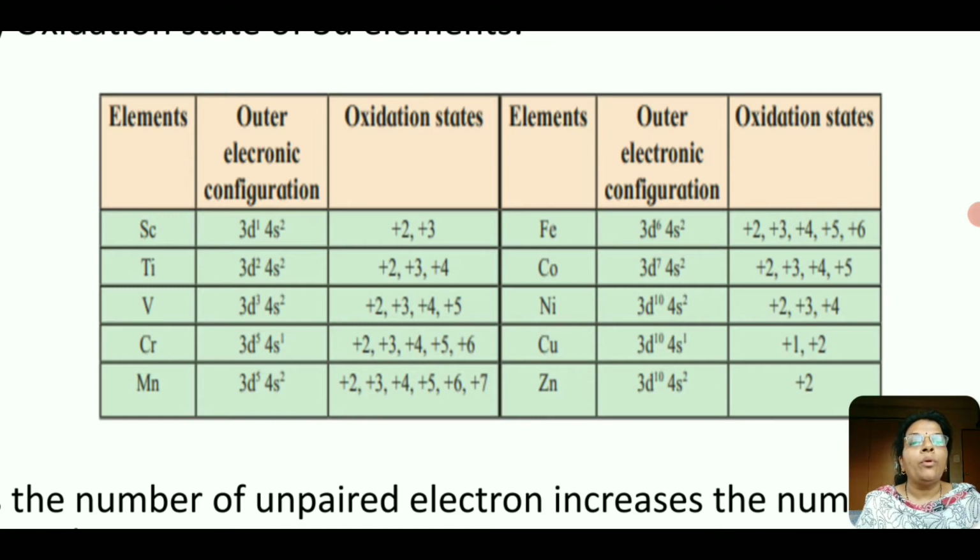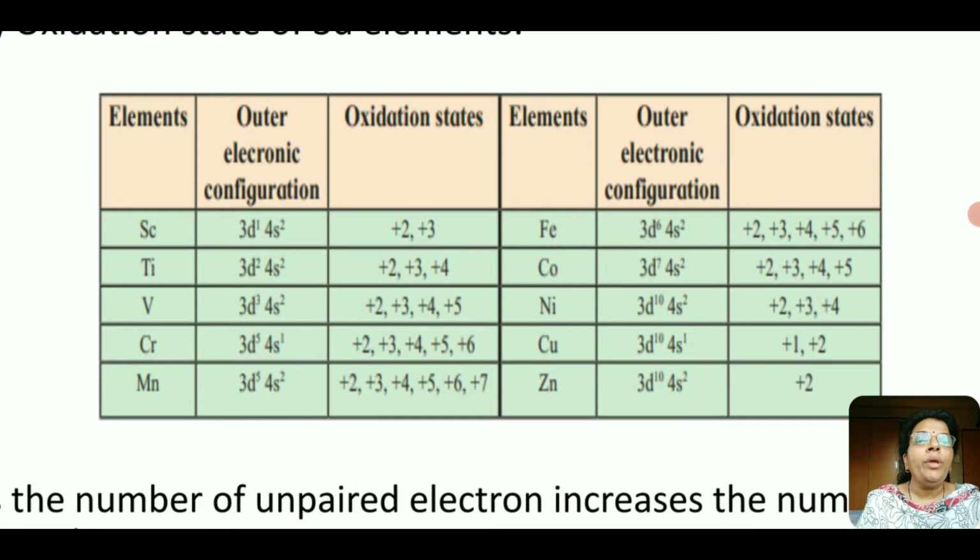Now in case of chromium, the atomic number is 24 and the valence or outermost electronic configuration is 3d5 4s1. Now here the 3d5 orbit is half filled and therefore it is a more stable electronic configuration.